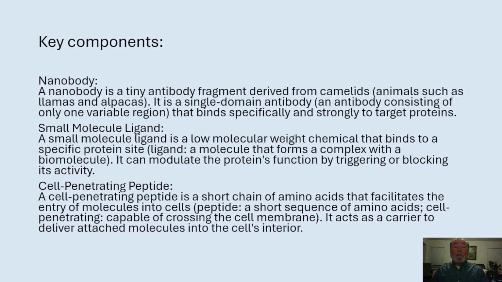A small molecule ligand is a low molecular weight chemical that binds to a specific protein site. And cell-penetrating peptide. A cell-penetrating peptide is a short chain of amino acids that facilitates the entry of molecules into the cells. And medicine is no good unless you can get it where it needs to go.